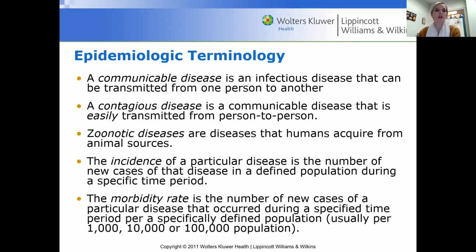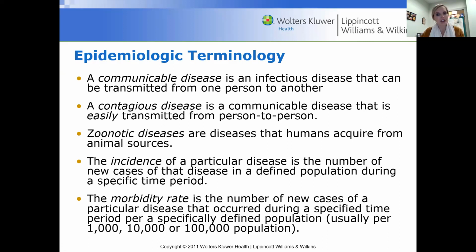Communicable versus contagious. We so often have heard the term contagious when we talk about how a disease can be spread from one person to another. That's actually the definition of the word communicable. A disease that is infectious, that can be transmitted from one person to another, is called communicable, meaning it has the ability to communicate from one person to another.